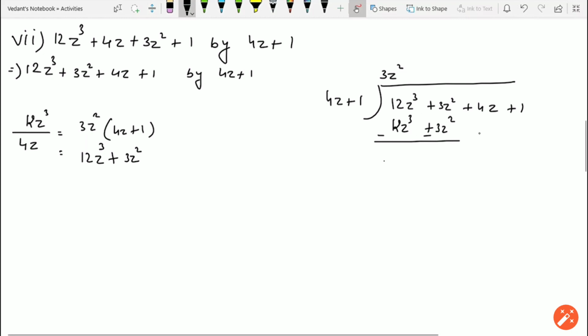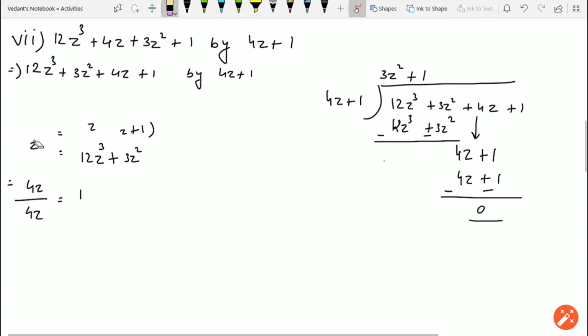Here, students, both terms will cancel. So we need to copy 4z plus 1. Now, here 4z plus 1 and 4z plus 1. So we need to multiply with plus 1 to get 4z plus 1. Change the sign, both will cancel and it will be 0. Remainder is 0.